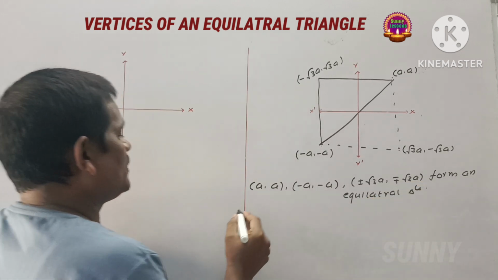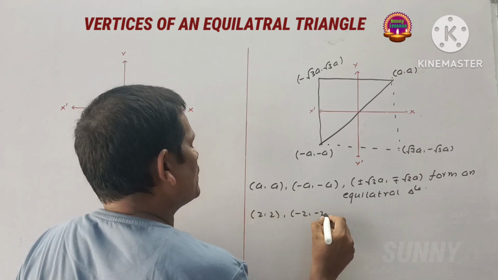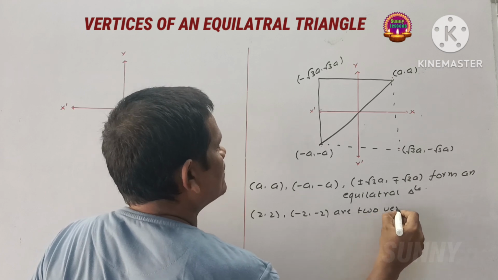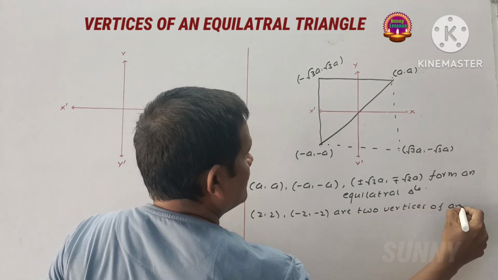Let us take an example: (2, 2) and (-2, -2) are two vertices of an equilateral triangle.